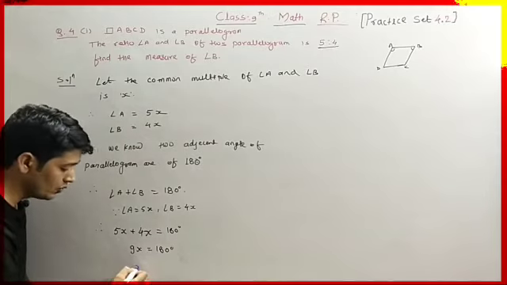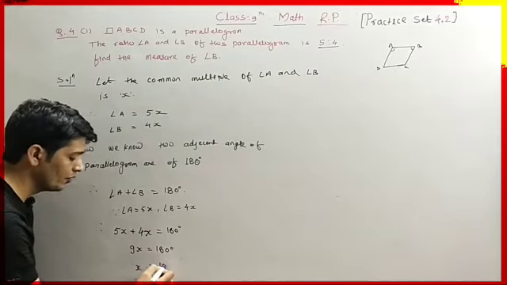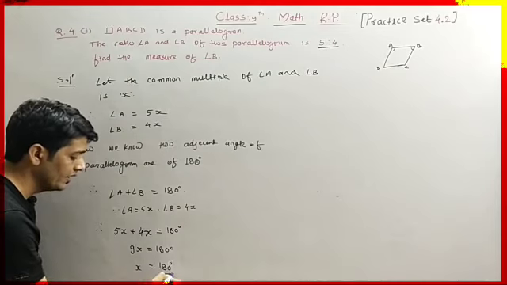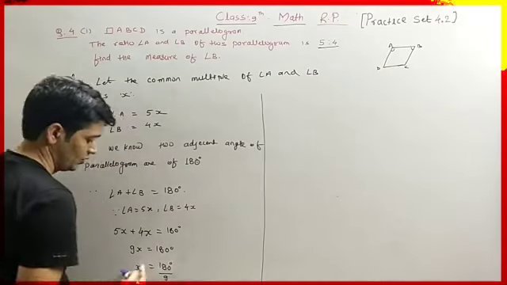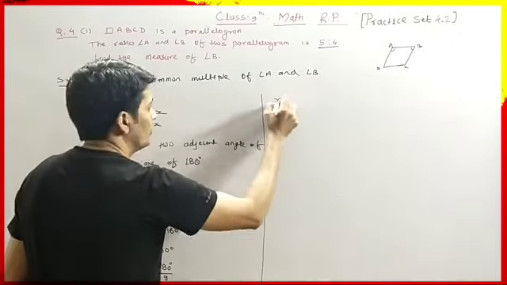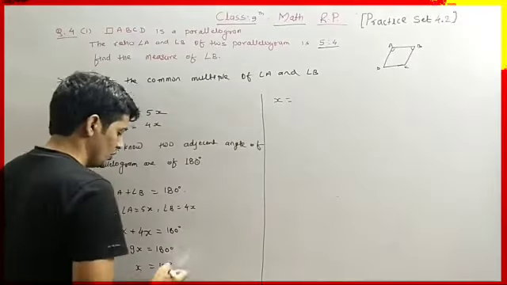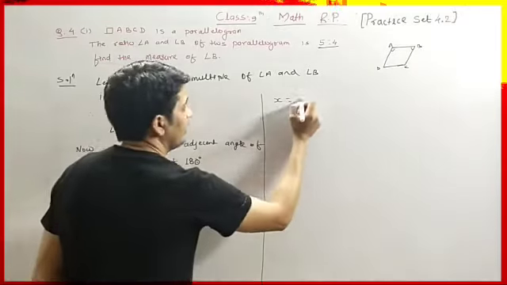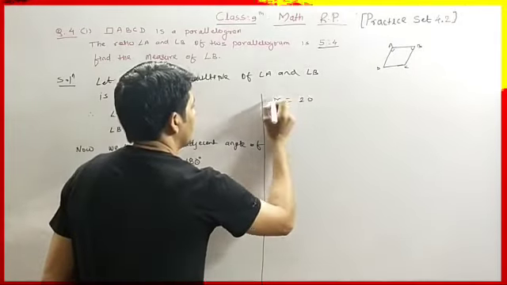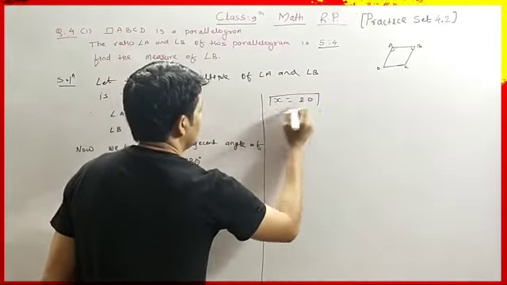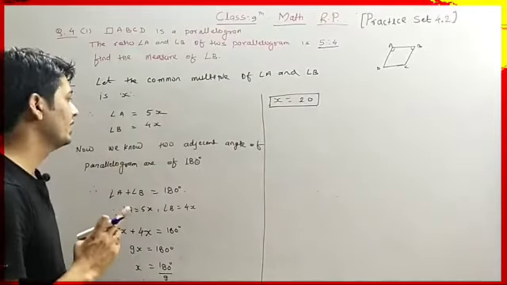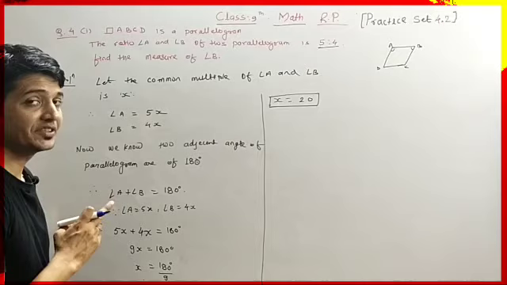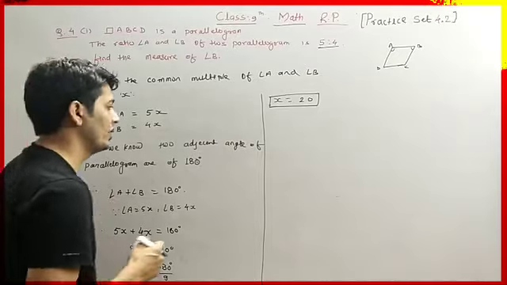So x equals 180 degrees divided by 9. 9 twos are 18, so it will become 20. The value of x is 20.